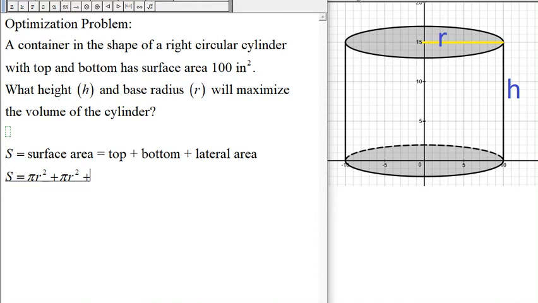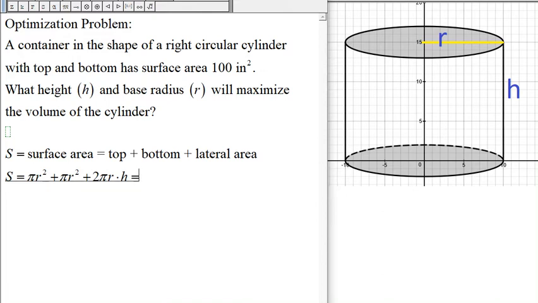For the cylinder, the lateral area, or the area around the cylinder, is just the circumference of the base multiplied by the height. The circumference of a circle is 2 pi r, so we have 2 times pi times the radius times the height.